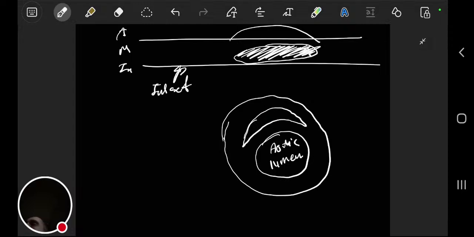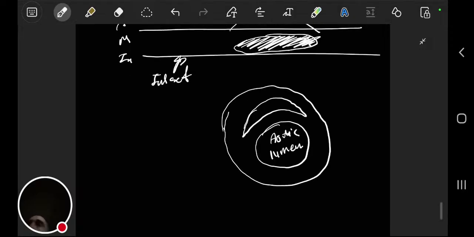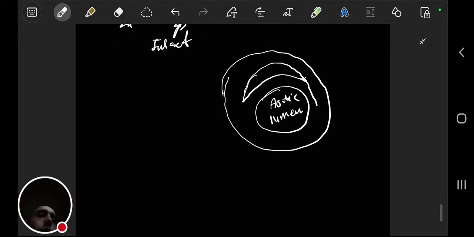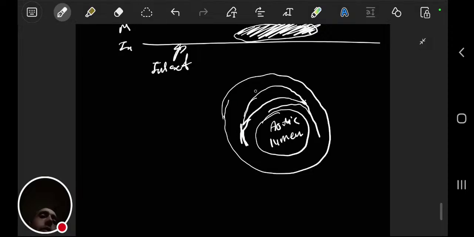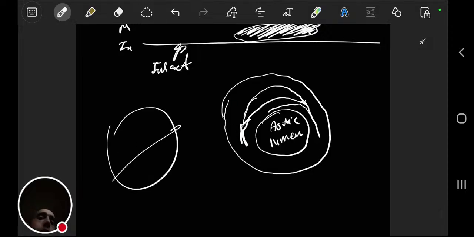On imaging, it just surrounds the true lumen in a crescentic way. Compare it to a dissection that looks like this. This is a dissection. This is an intramural hemorrhage. So this is the idea.